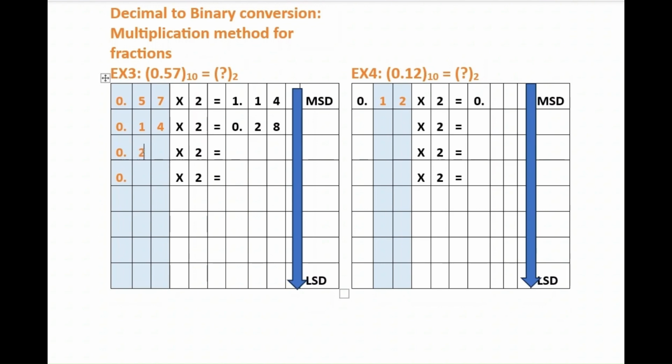Now 0.28 multiplied by 2 is 0.56. Now 0.56 multiplied by 2 is 1 point something.